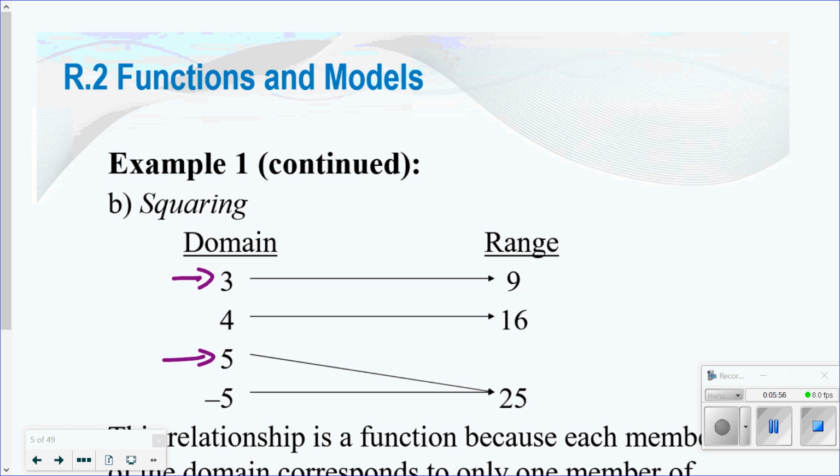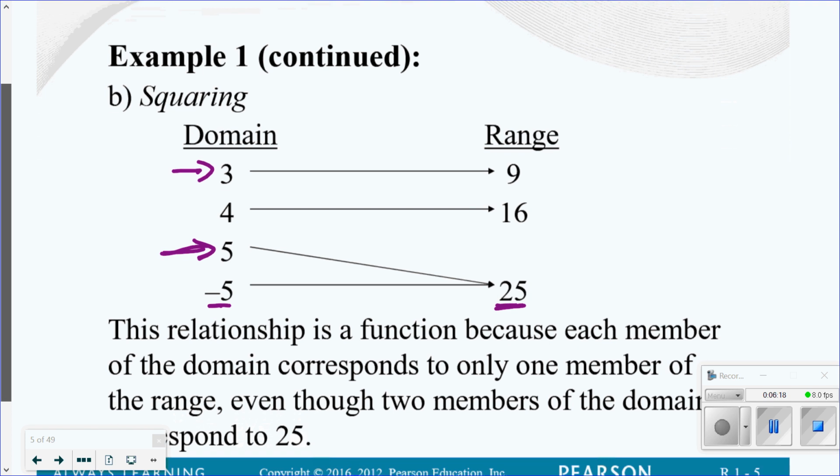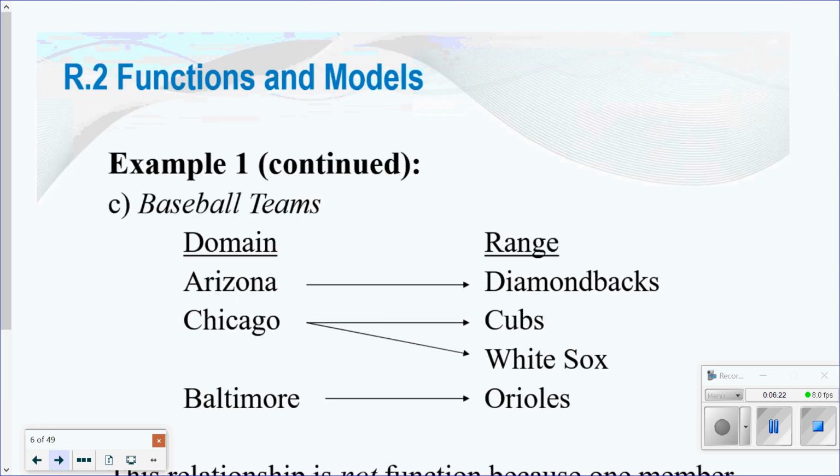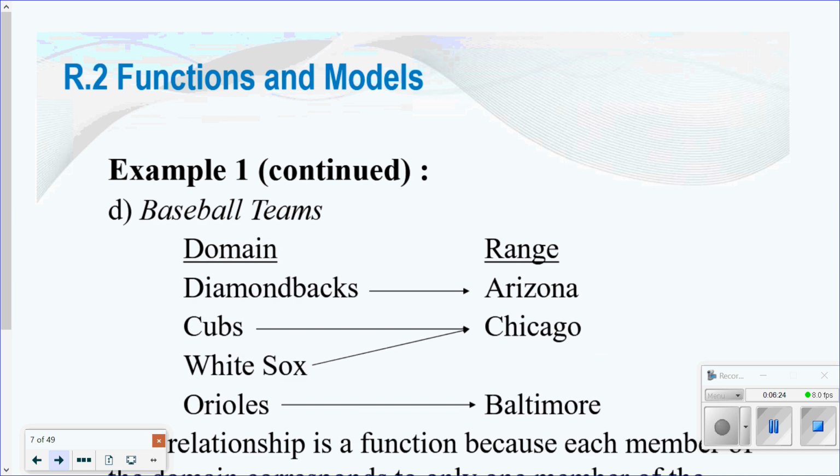There's no rule that says they can't go to the same output. The rule says for every X value I input, I only get one answer out. So here, when we inputted 5, we only got one answer out, 25. When we inputted -5, we only got one answer out, 25. Okay, we're going to skip through these.